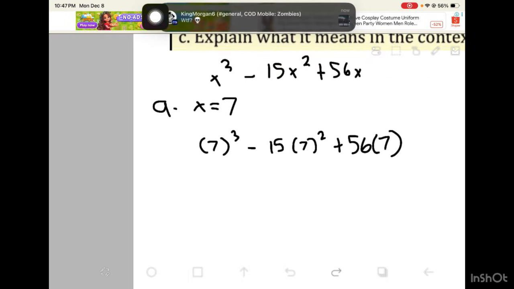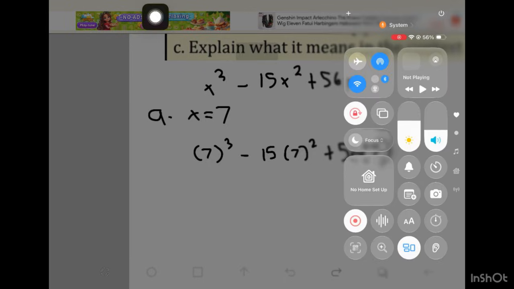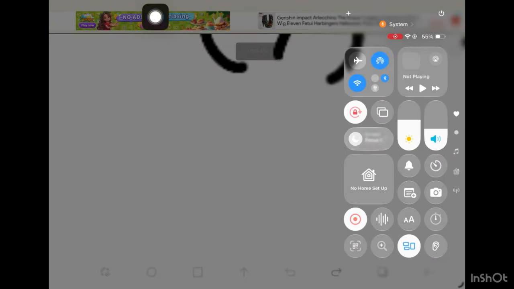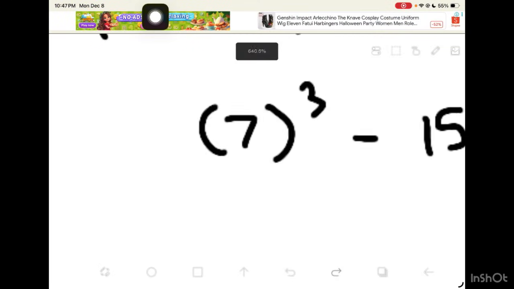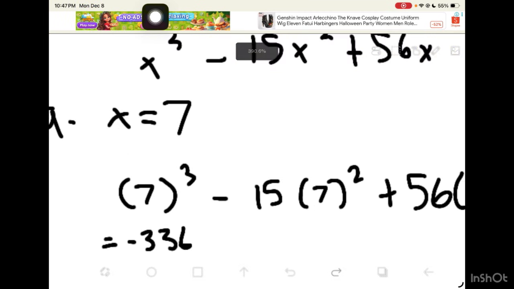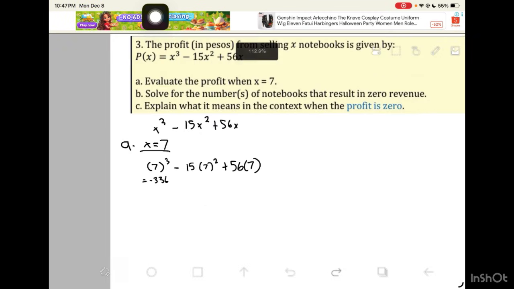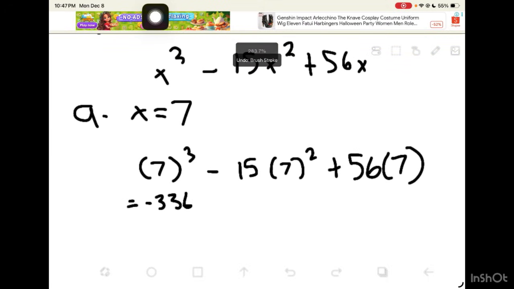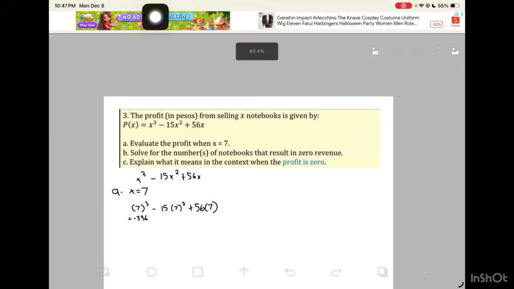Is that correct? Okay, so we get negative 336 pesos. So this is a term of evaluating, and this is just one of the ways we can use this function.